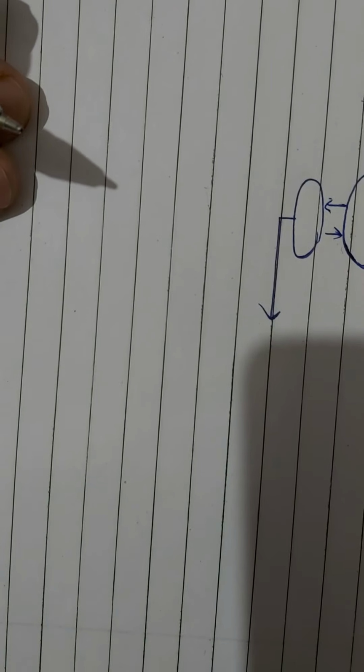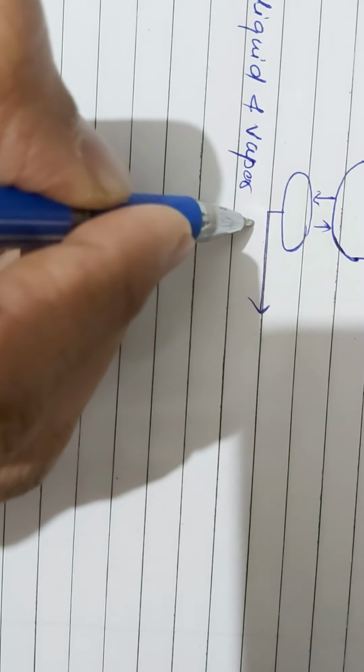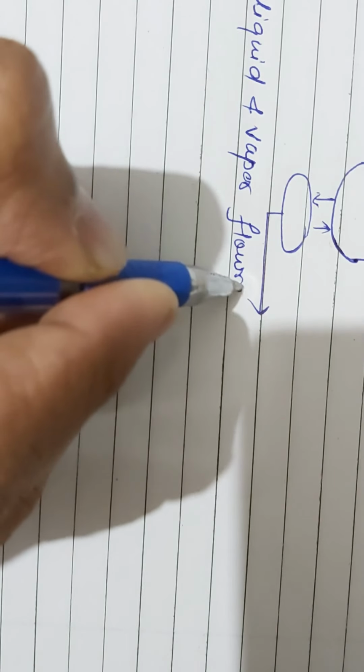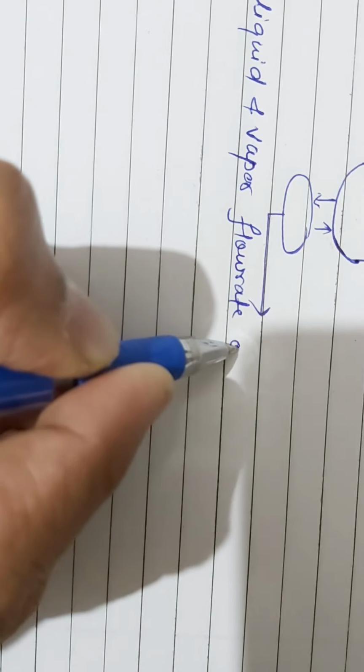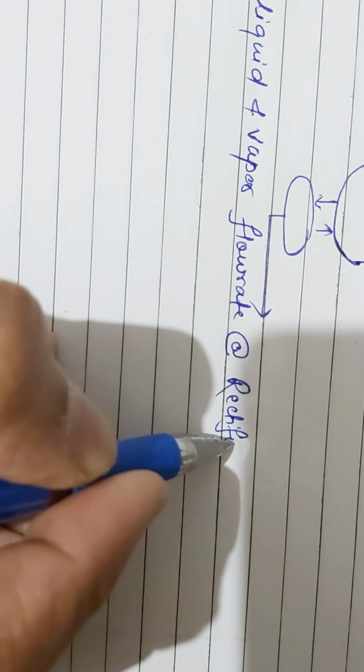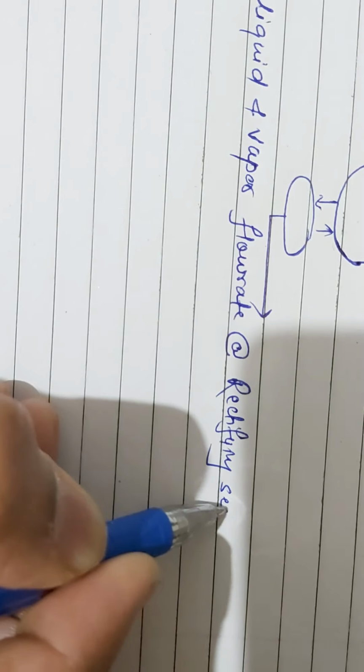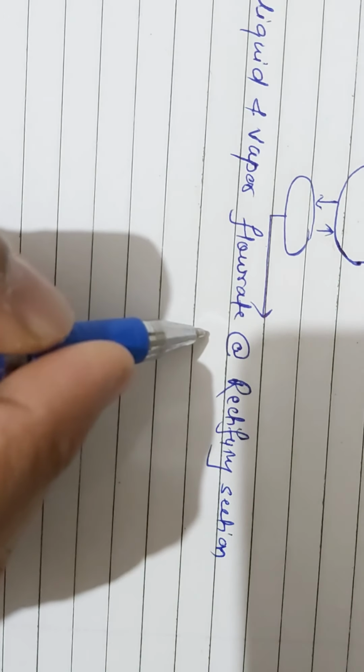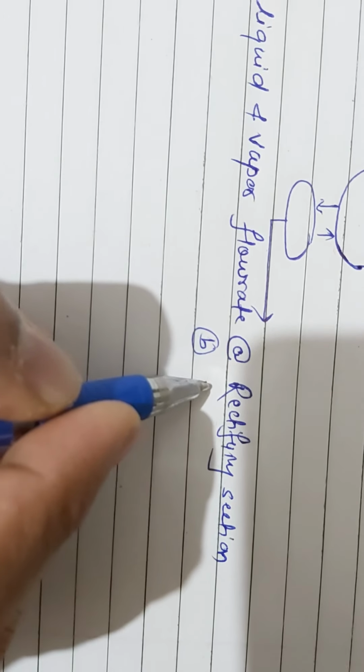Now to design a column, what is required first is the liquid and vapor flow rate at the rectifying section and at the stripping section.